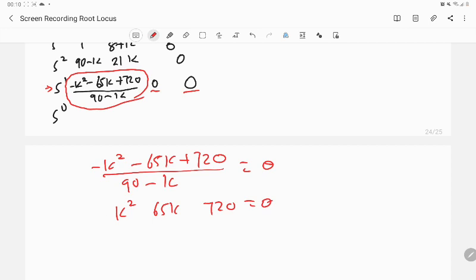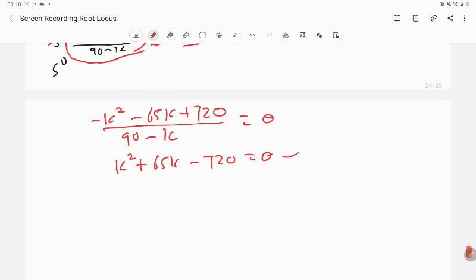You can easily solve for this, and when you solve, you get two values of k. One will be positive, one will be negative, and the positive is the one we are using because we are dealing with positive gains. So the positive value will be 9.65.